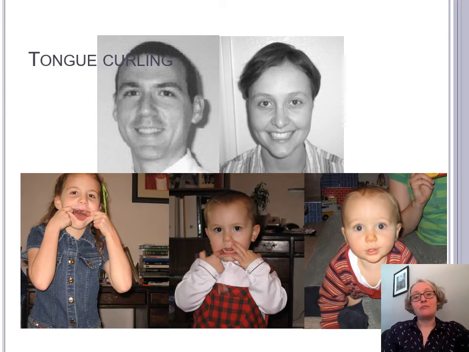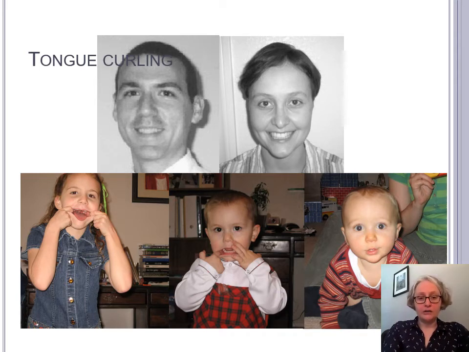Here's a great example for you to practice this with. Tongue curling, or taco tongue, is one of the very few human traits that's a simple dominant-recessive thing. Big T means yes, you can curl your tongue and do taco tongue. Little t means you can't curl your tongue. So this is our family from a long time ago.